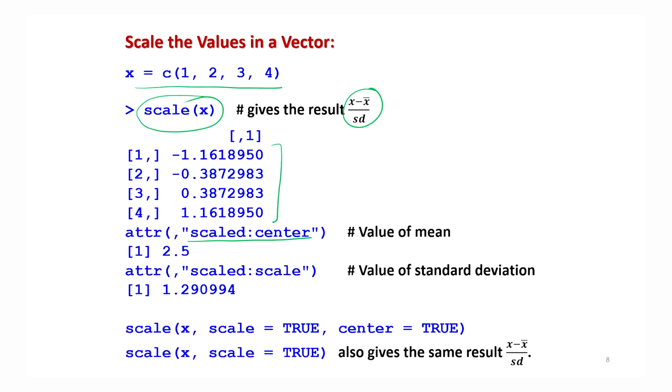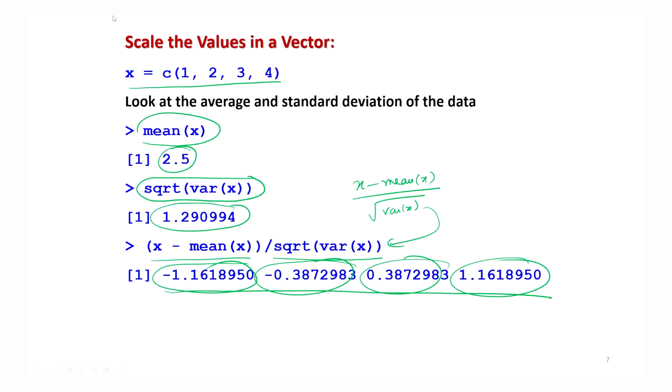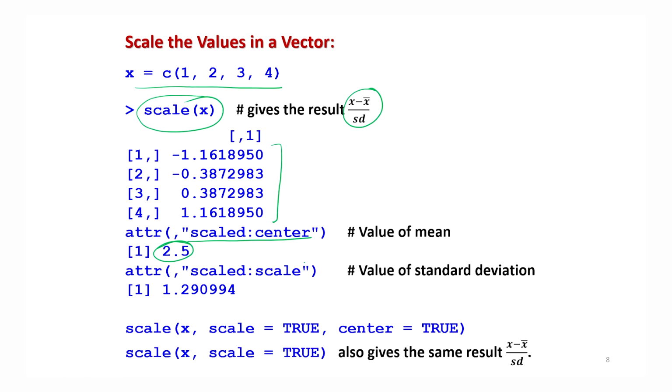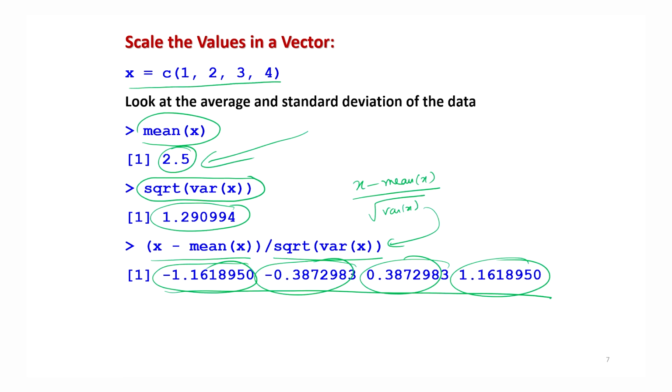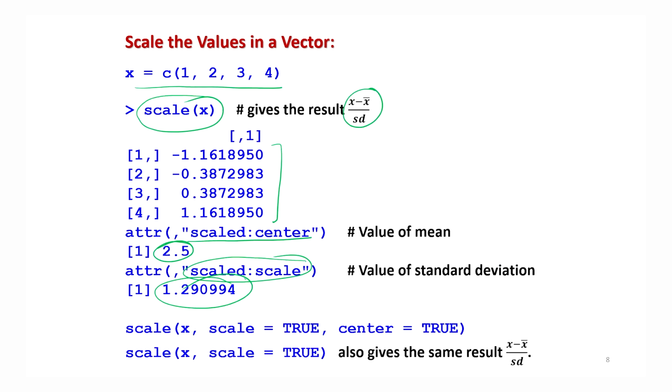So the arithmetic mean here is 2.5, which you had obtained earlier. And then it gives you the scale value, which is 1.29, the standard deviation which you had obtained. You can see 1.29 here and here also 1.29.